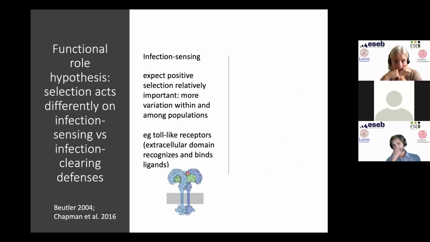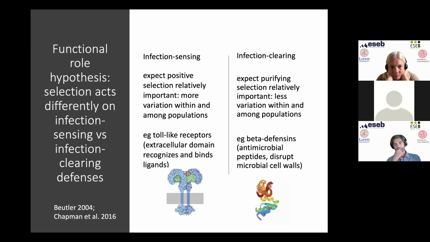call the functional role hypothesis, is that maybe both of those alternatives, it's mainly positive selection or it's mainly purifying selection, maybe both of these are oversimplifications. So the functional role hypothesis posits that maybe selection acts differently on components of immunity depending on what their job is. So for things like toll-like receptors who are involved primarily in sensing infection, we may indeed see positive selection maintaining high variation within populations.